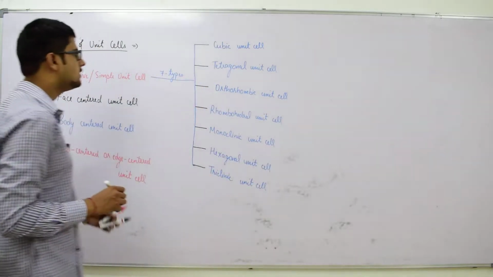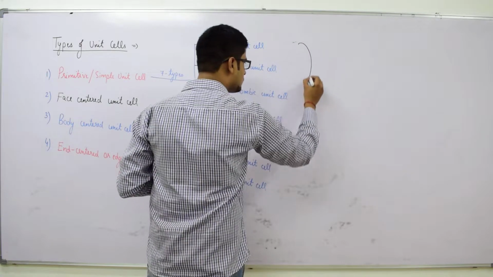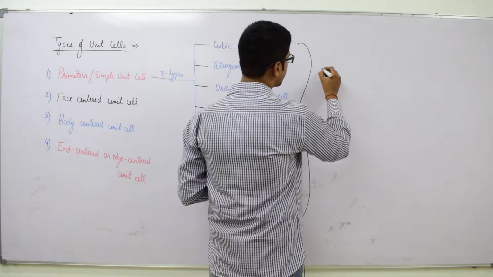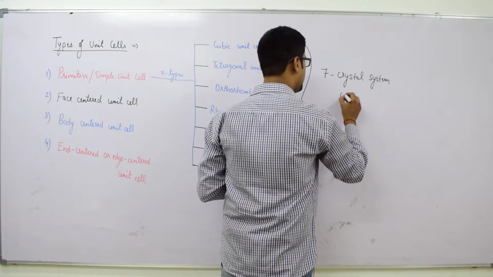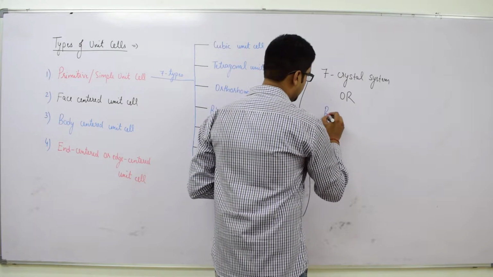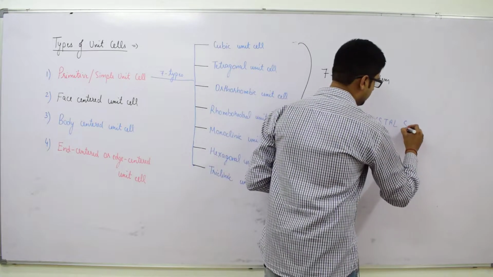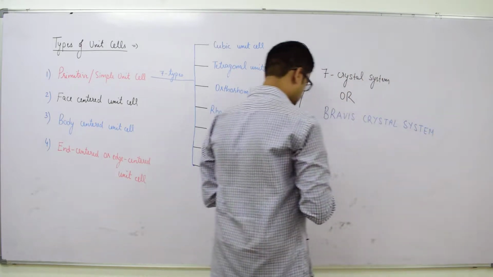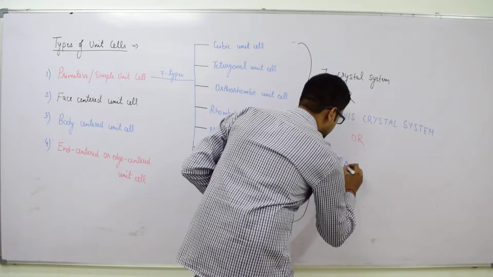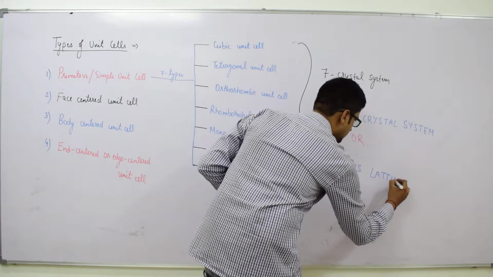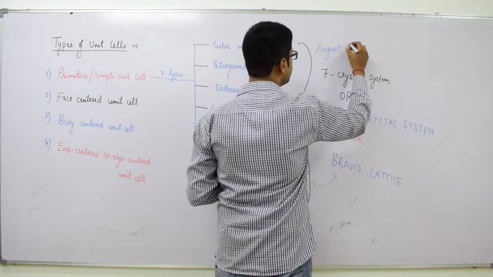So, these are the 7 types of further classification of primitive or simple unit cell, and these 7 types are collectively called 7 crystal system or Bravais crystal system, or they are also called Bravais lattice, because they were discovered by Auguste Bravais, who was a scientist.